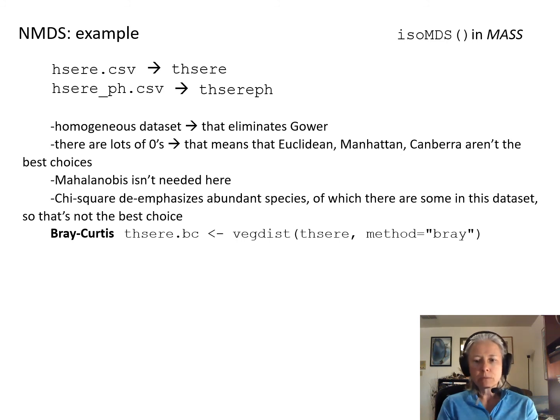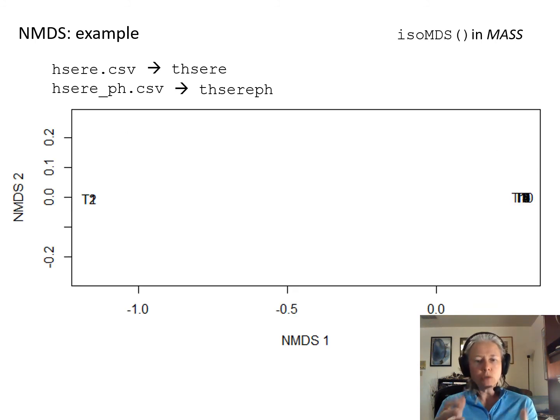The Bray-Curtis metric was used for this, and eventually when you go through the process and you find an optimal number of solutions and so forth, you do the isoMDS on this, and when you plot it, you get this, which is, to put it gently, uninformative, even though it had a very low stress value.